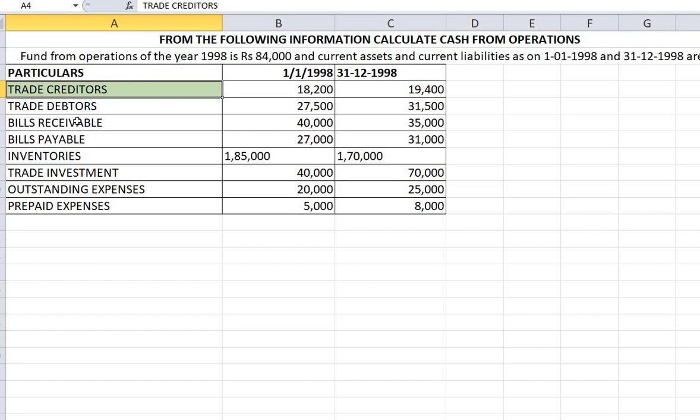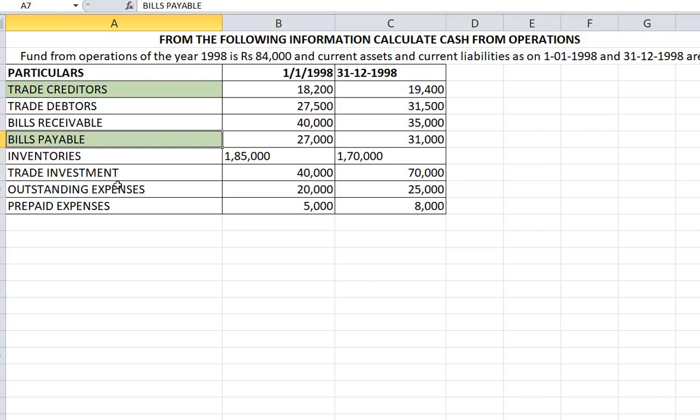Trade debtors is an asset. Bills receivable is an asset. Bills payable is a current liability. Inventory is an asset. Trade investment can be long term or short term, but investment is also an asset, so you can take it as a short term investment.